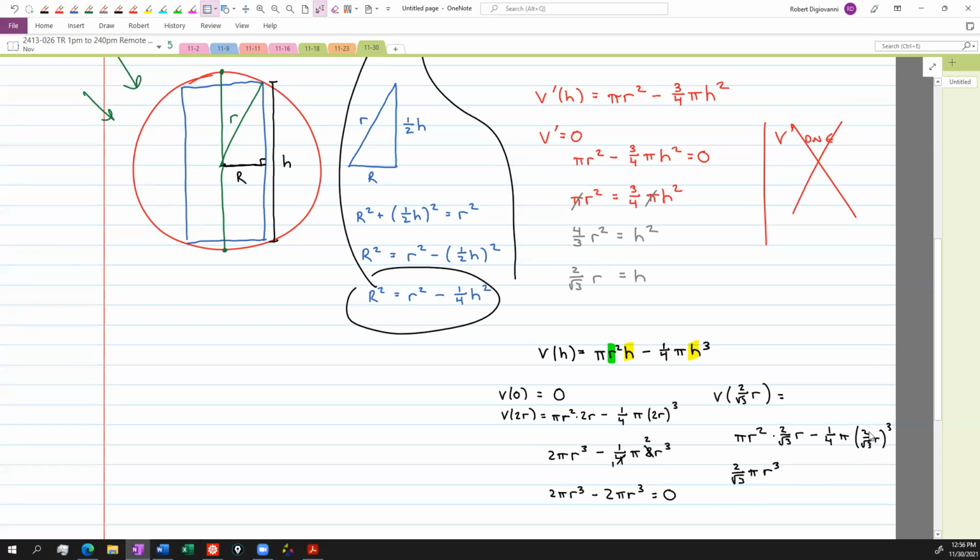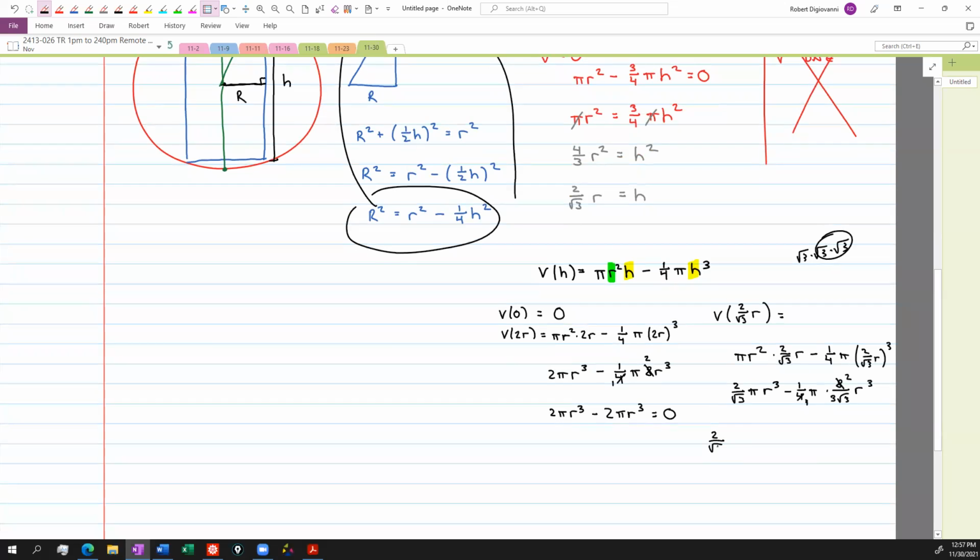Over here, I cube the top and I cube the bottom, or I cube everything in here. So I get minus 1/4 pi. Cube the top, you get 8. If I take root 3 and cube it, root 3 times root 3 times root 3, 2 of them come together and give me a 3. So I get a 3 root 3. And then I have an r cubed here.